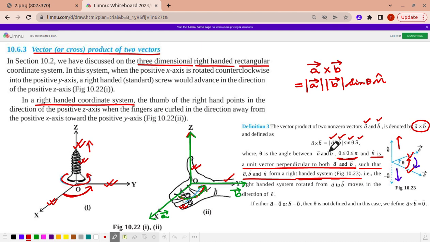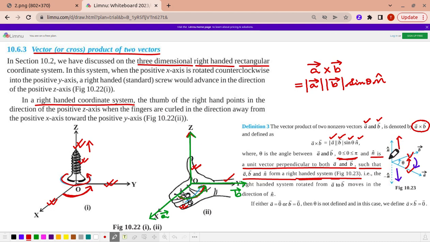Now what is n cap? More precisely, it is a unit vector perpendicular to the plane containing the vectors A and B, or perpendicular to both the vectors A and B.